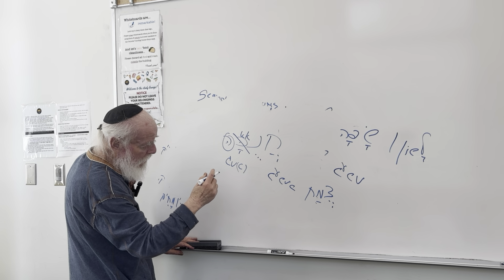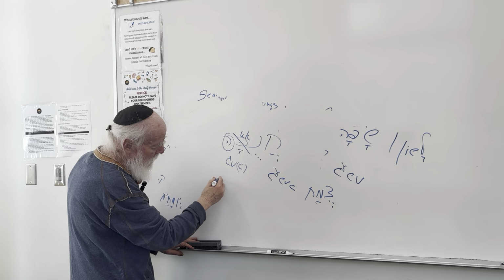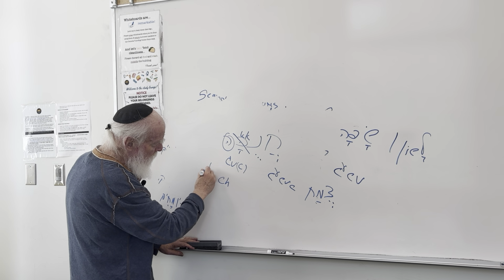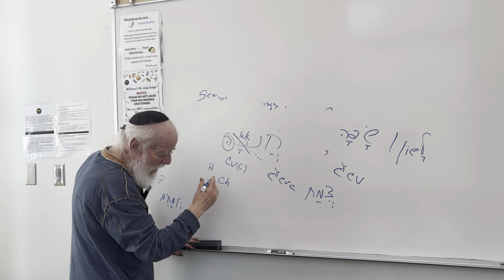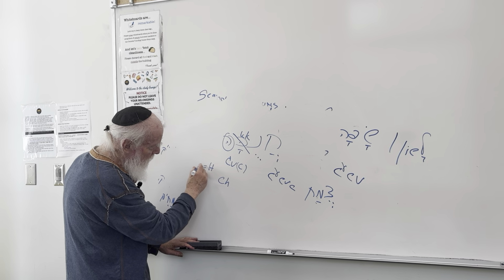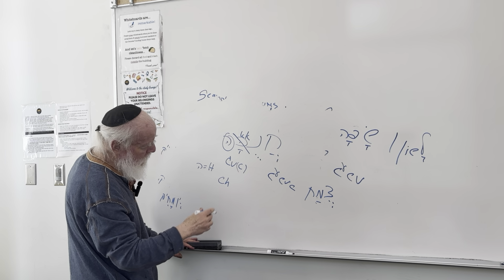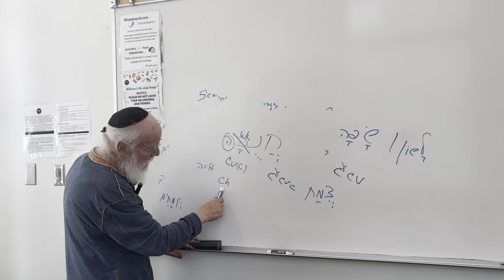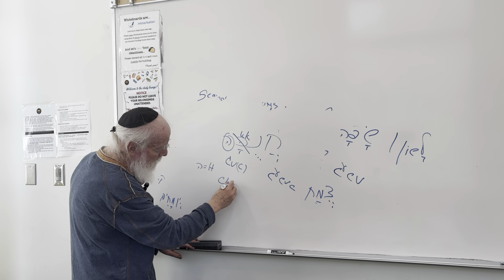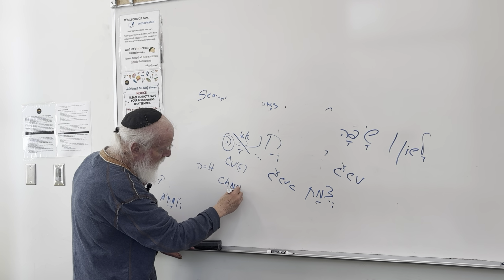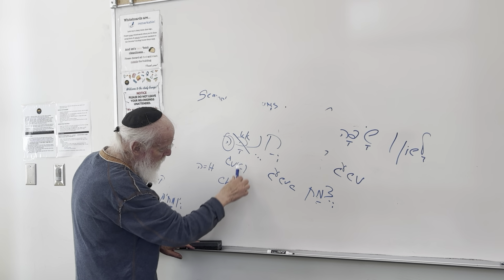Spelling that word now in English, the chet letter is a CH. If you write the letter H, that's English. H in Hebrew is the letter Hey, as we went over in the chart of Hebrew and its transliteration. So CH, followed by the nun letter, followed by the U letter, and then the kaf letter is doubled.